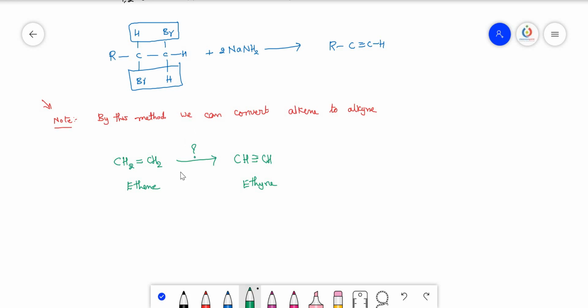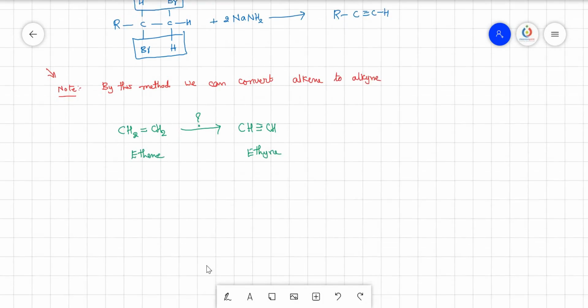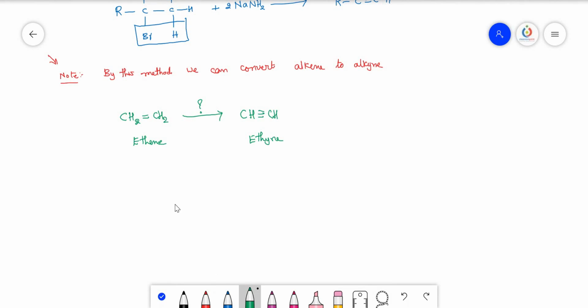So what are the steps and what are the reagents to be used? It is very simple. Initially you take the ethylene molecule and subject it with bromine in the presence of CCl4, carbon tetrachloride. So bromine will be added to both of these double bonded carbon atoms, so that we get CH2Br and CH2Br.